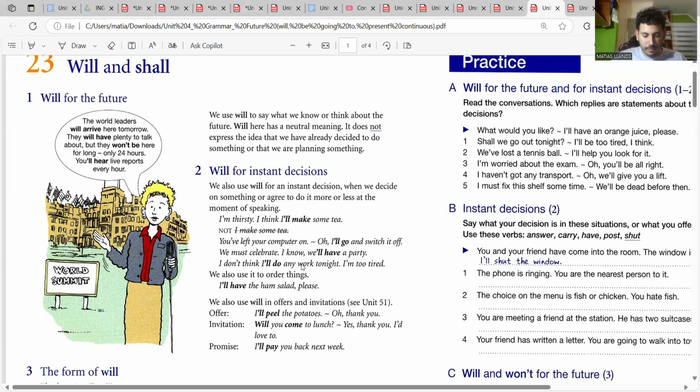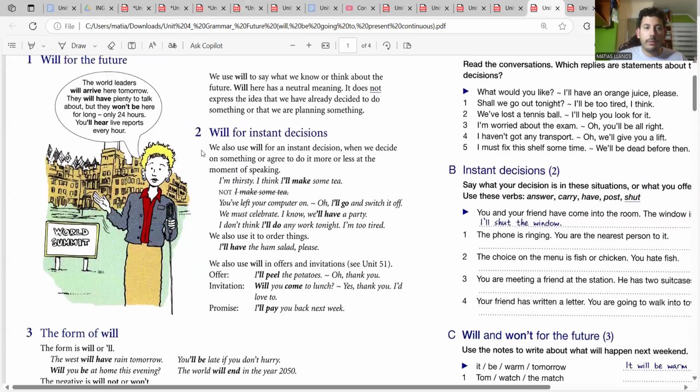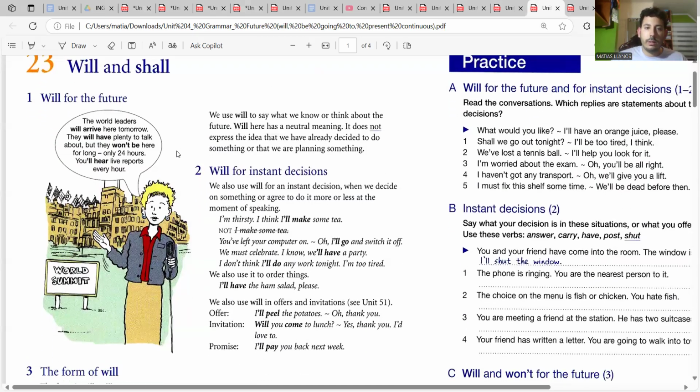All right. That being said, will for the future. We use will to say what we want to know or think about the future.